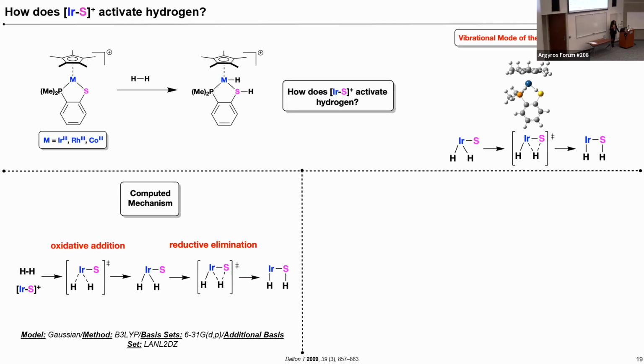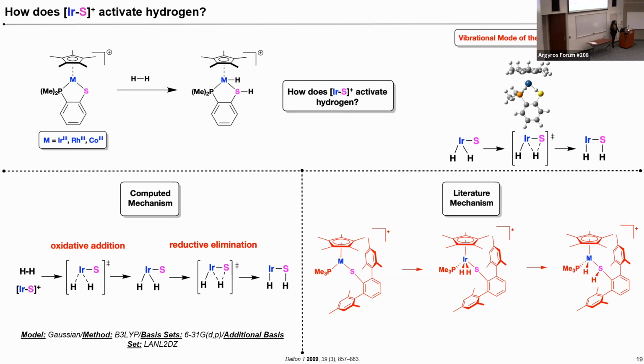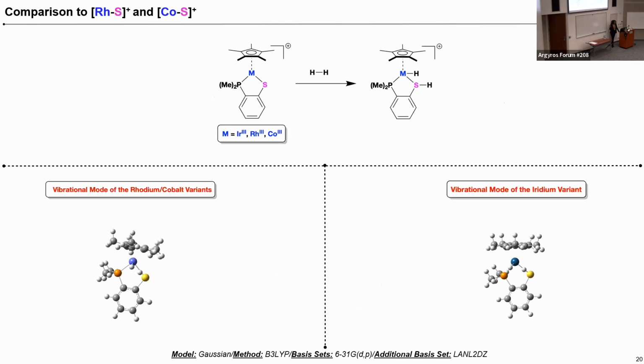So overall, the reaction basically makes it so the hydrogens individually bond to the iridium through oxidative addition, and that transfer step is reminiscent of a reductive elimination, which is exactly what was seen in the literature, except the key difference here is that in the literature, they used a non-chelated catalyst versus the chelated catalyst used in my computations.